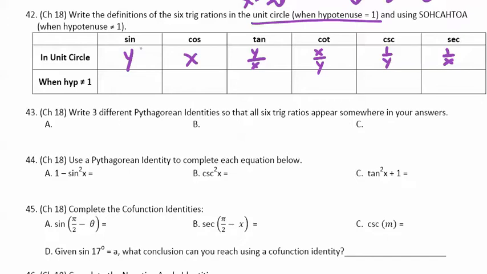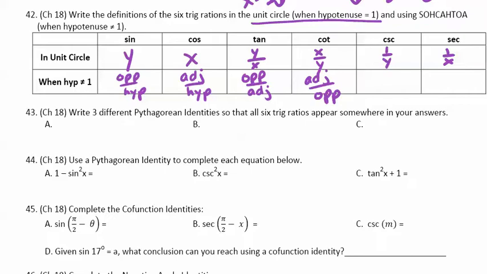And in SOHCAHTOA, if we had triangles that didn't fit in the unit circle, then we did opposite over hypotenuse, adjacent over hypotenuse, opposite leg over adjacent leg. So reciprocal, adjacent leg over opposite leg.